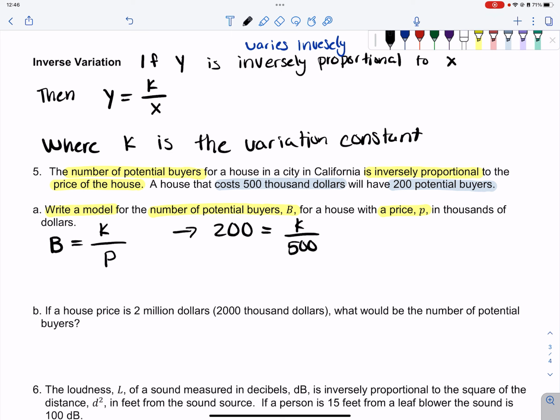Now I want to solve this for K. Well, K is being divided by 500, so the opposite of that is multiply by 500. And I need to do that to the left side as well. So this is going to give us that K is equal to 500 times 200, which is 100,000.